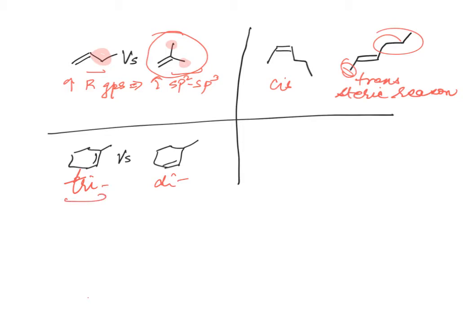And you have tri-substituted, which is more stable than the di-substituted because, again, more number of sp2, sp3 linkages might be present in the molecule, increased number of R groups, greater level of hyperconjugation.